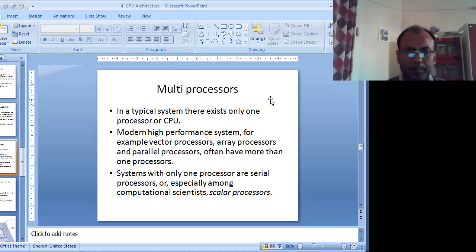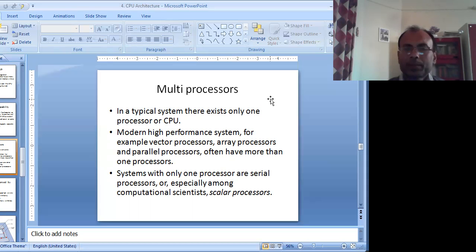Otherwise, single CPU computers were traditionally called scalar processors or serial processors. But multiprocessors are generally used for multi-programming, or better we can say parallel processing.